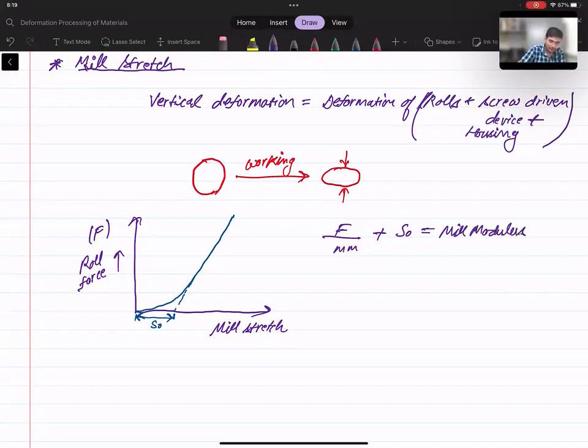Okay, and its unit will be force per mm, like mega Newton per mm or Newton per mm or tons per mm. So this is the relation.